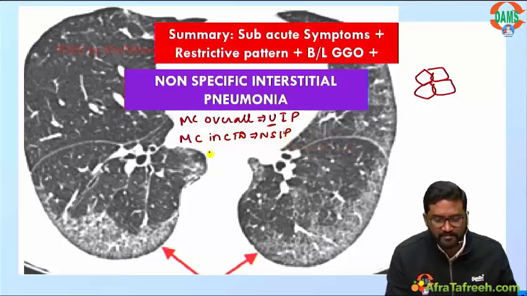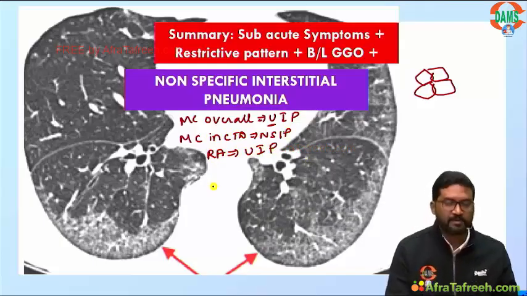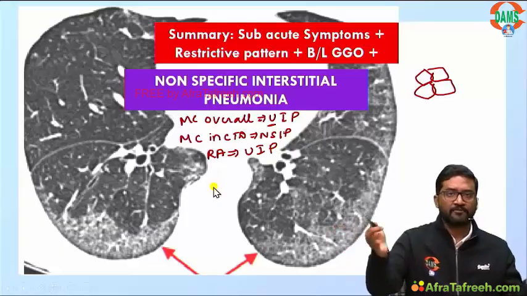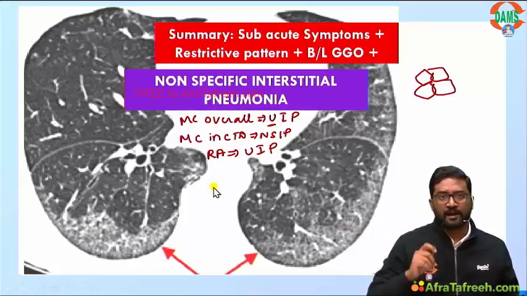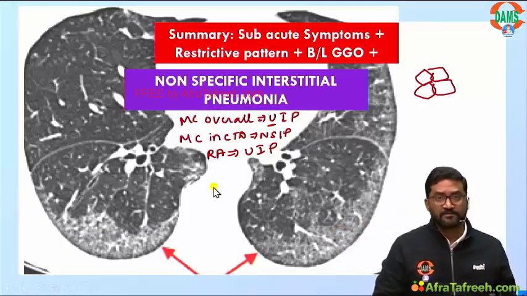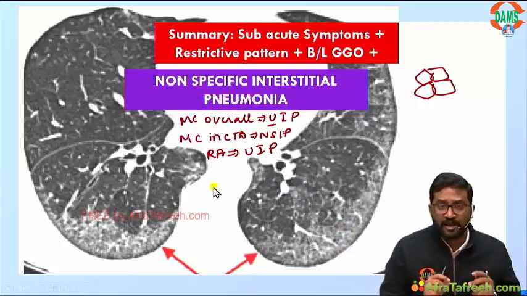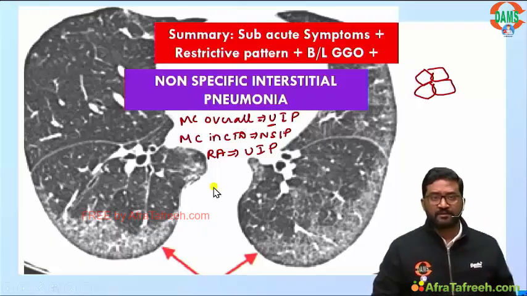But one exception: in rheumatoid arthritis, it tends to be UIP. So these are few exceptions. Overall, because it is happening usually, it was called usual interstitial. Connective tissue disorder, it is NSIP. Whereas in rheumatoid arthritis, it is UIP.